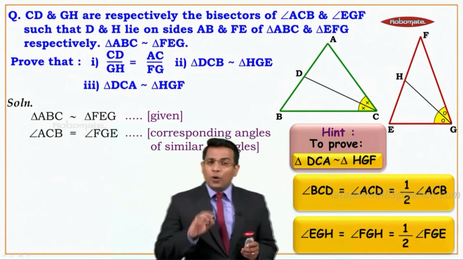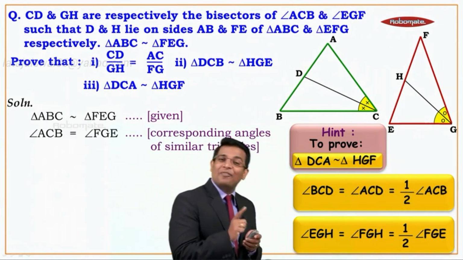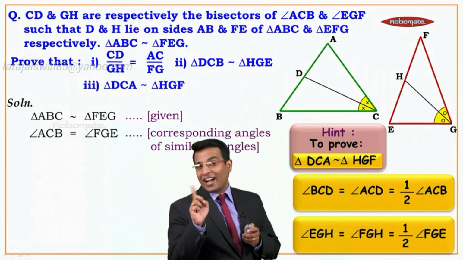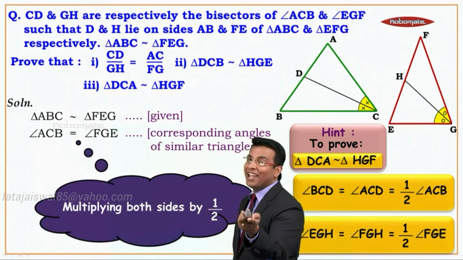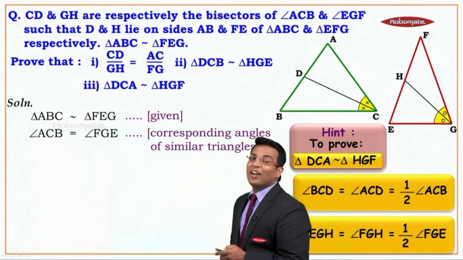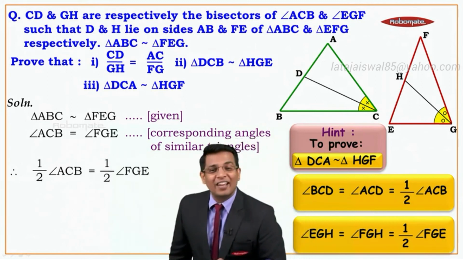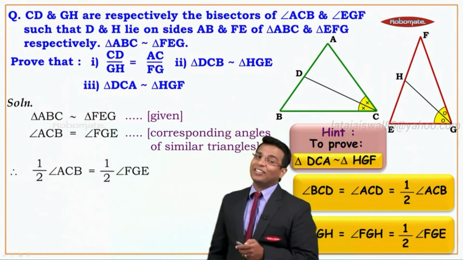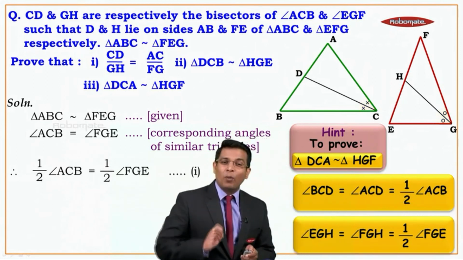Now, if you look at what we have here, we have half of angle ACB and half of angle FGE. That means we can get half and half here by multiplying both the sides by half. So we get half of angle ACB is equal to half of angle FGE. This is statement number 1.